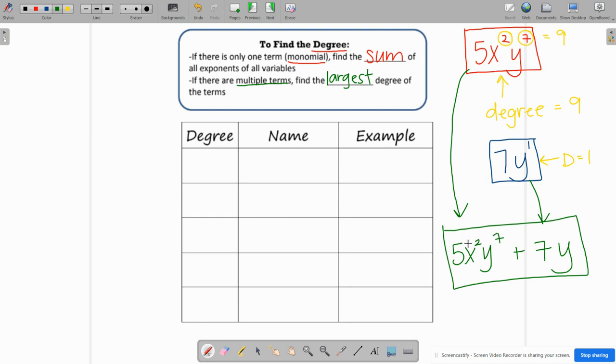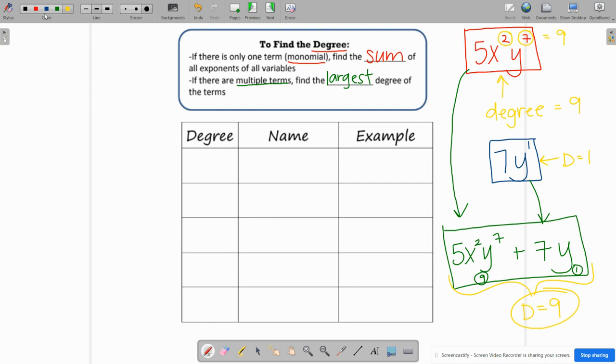So this term, we already said, had a degree of 9, and this term had a degree of 1. So out of those two, 9 is the biggest. So the polynomial, the whole thing, has a degree of 9, the largest of the individual monomial degrees.